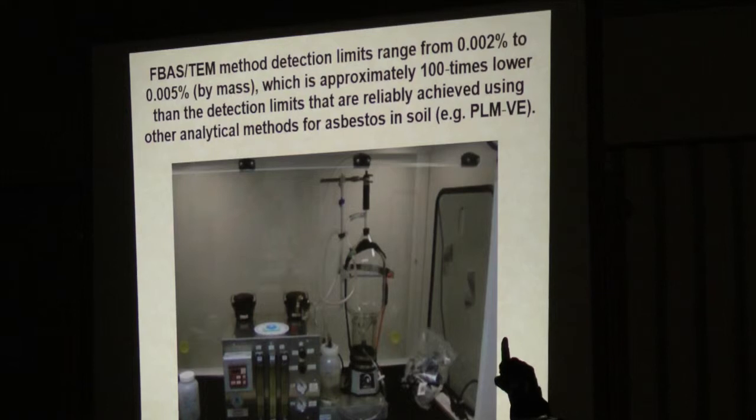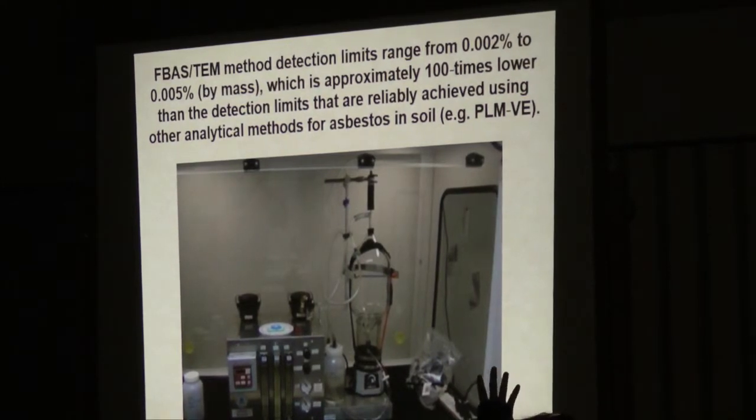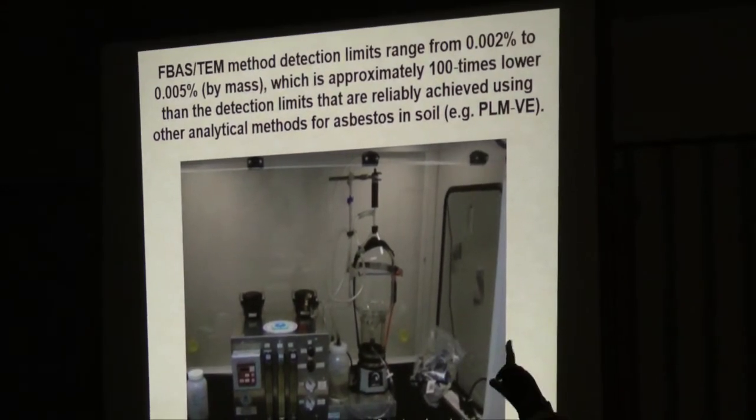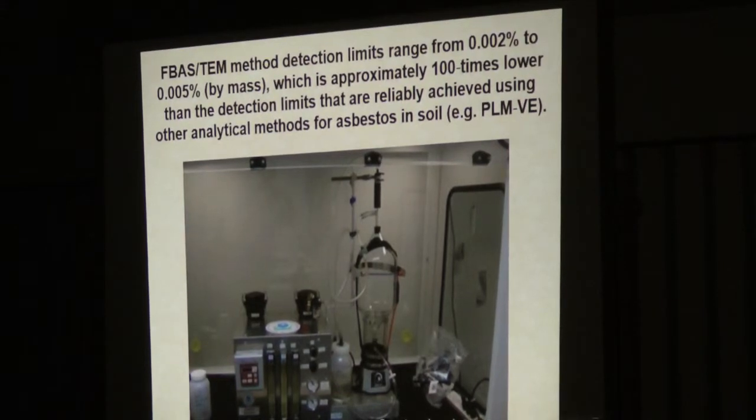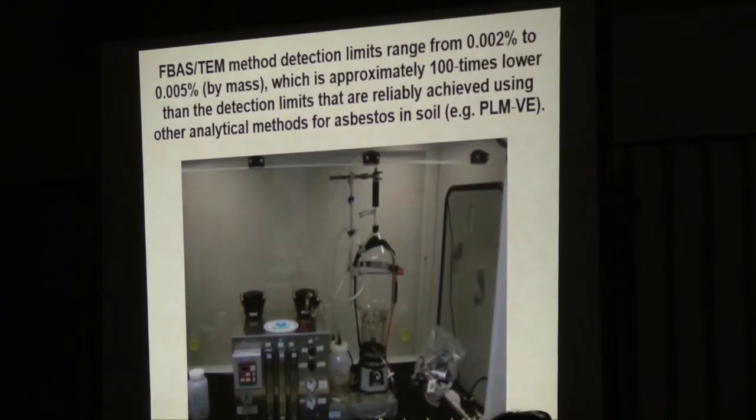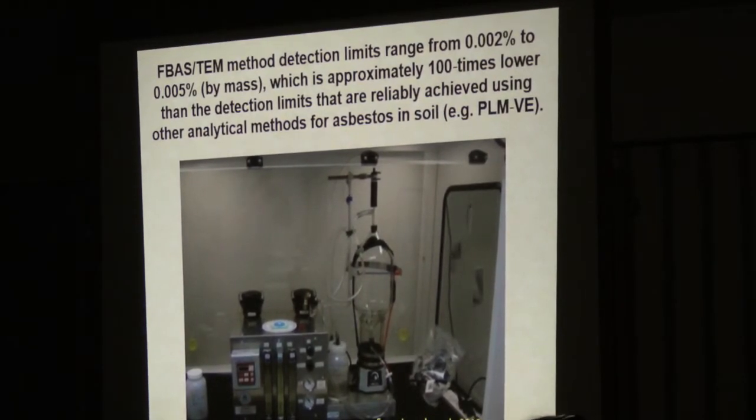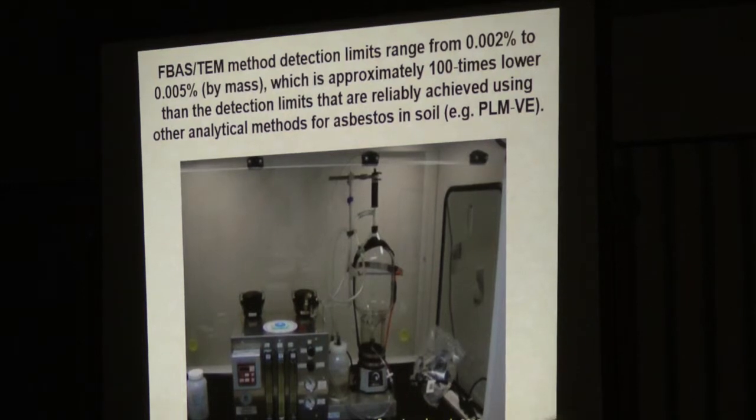And you can get incredibly low concentrations measured very accurately. As you can see here, 100 times lower than the detection limits of the polarized light microscope, which is the standard way, the conventional way of analyzing material for asbestos concentration.